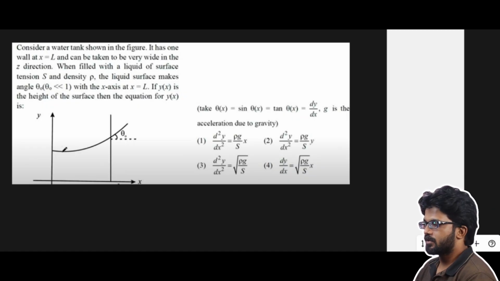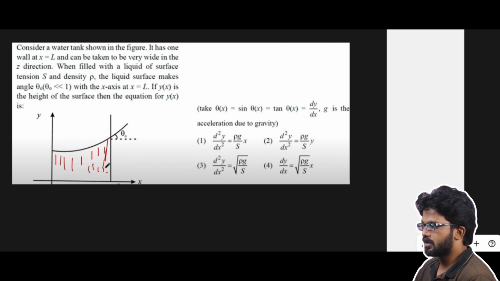As we can see in this problem, this curvature has some mass, but we are not going to take the entire mass of the system. We are going to take a small element of the mass.